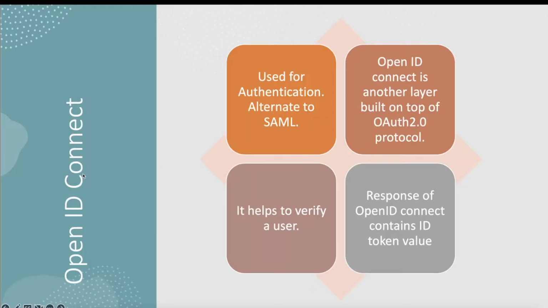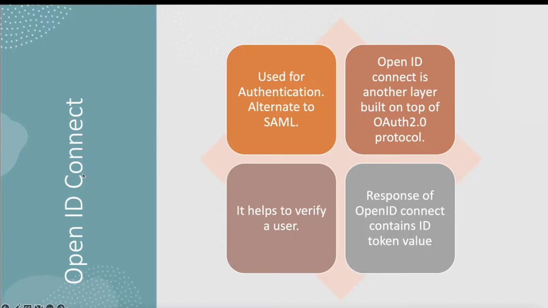I'm just going to give you an overview of OpenID Connect. To learn OpenID in detail, please watch my next video on OpenID Connect, where I'm going to tell you in detail how we can use OpenID to authenticate a user. As you know, OAuth only provides authorization, it does not provide a way to authenticate.